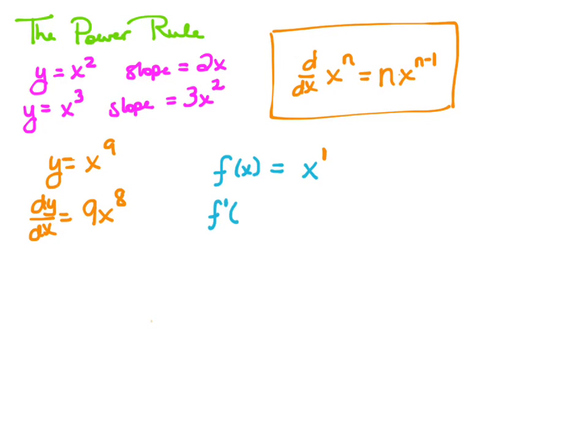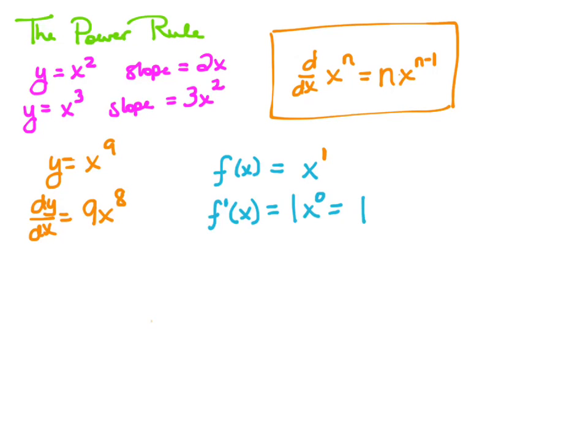This time I'm using the f prime notation for derivative. And if I apply the power rule, my exponent of 1 is going to come to the front and become a coefficient on x, and then I'm going to reduce the exponent by 1. 1 minus 1 is 0. So now I have 1x to the 0, but x to the 0, anything to the 0, is really just 1. And so this would be equal to 1.